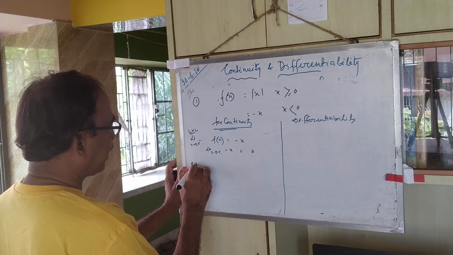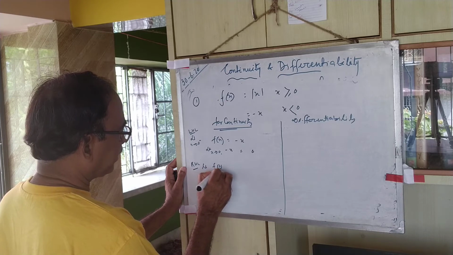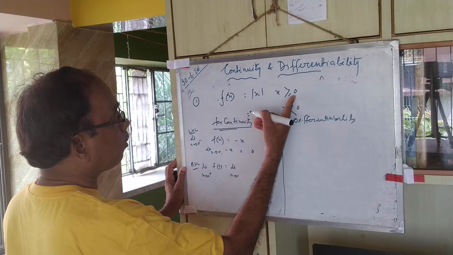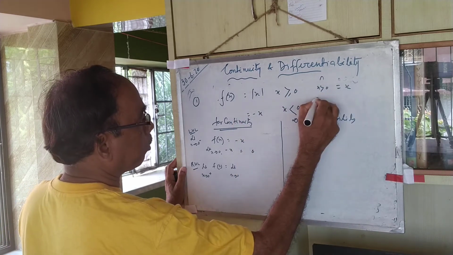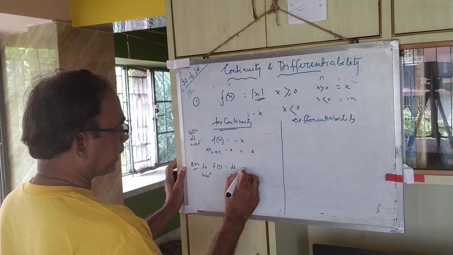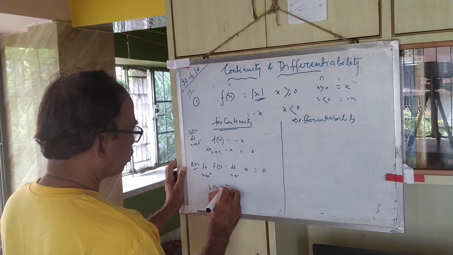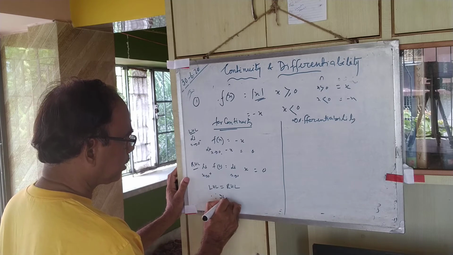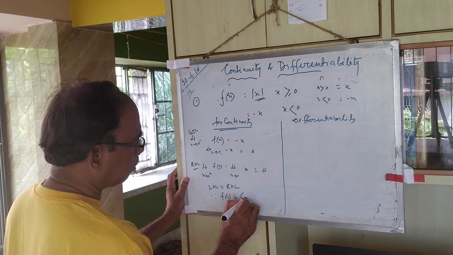And the right hand limit, x tends to 0 positive, f(x) equals x when x is greater than 0, and minus x when x is less than 0, that is what mod means. So taking x equals 0, it is 0. Therefore the left hand limit equals the right hand limit, then it is continuous. Therefore f(x) is continuous.